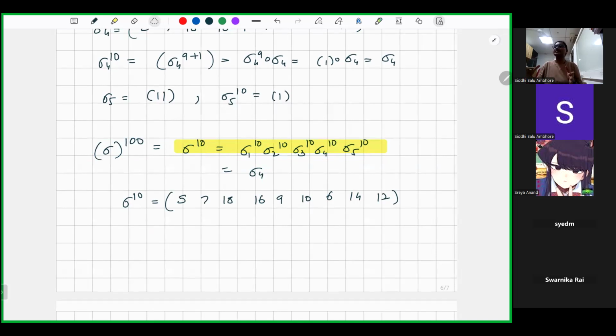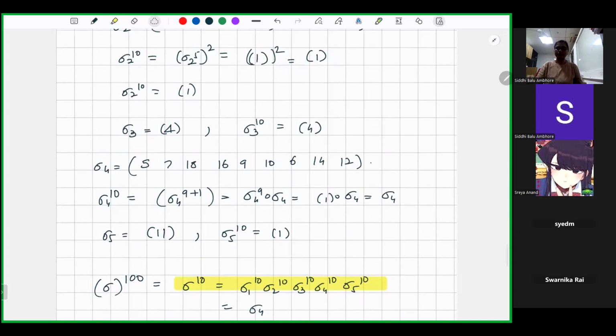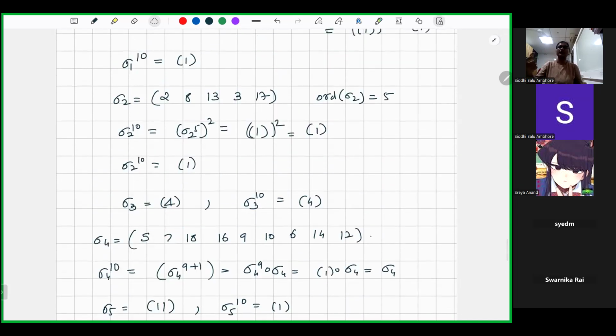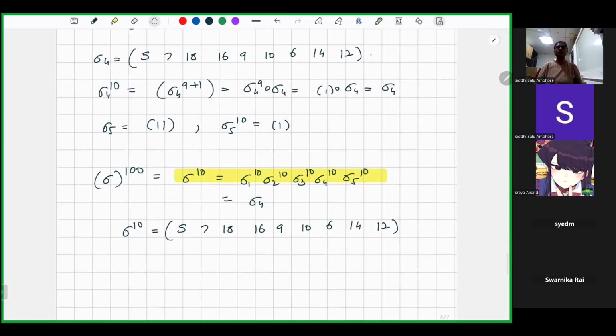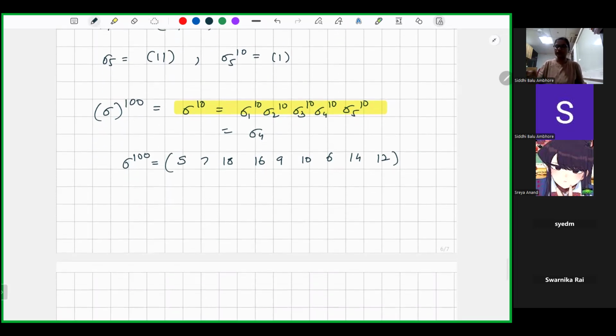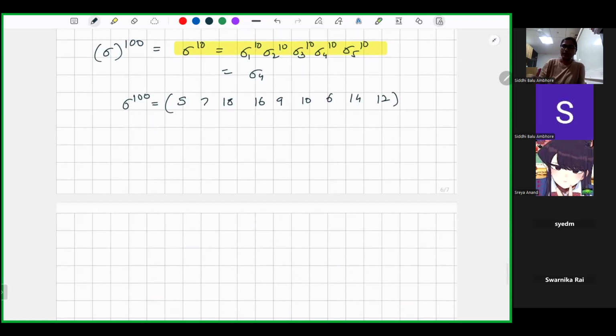So dealing with each cycle was easy because the order of each cycle is just the length of that cycle. We used that to calculate sigma power 10 for each cycle, and then we took the product. So sigma power 100 is just this 9 cycle.